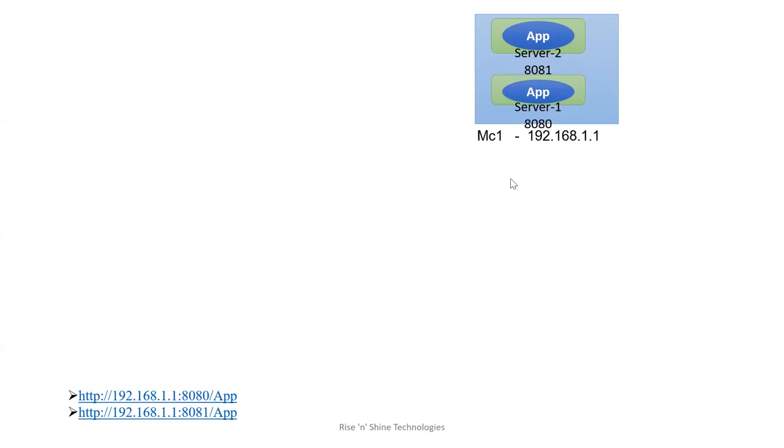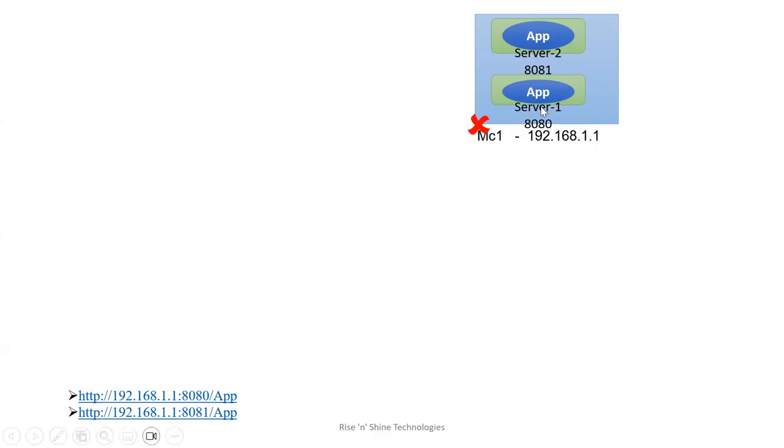The first URL, 8080, or if the service is down, then he is going to use the second URL, that is 8081. But if the machine itself is down, that means the IP address itself is not reachable, right?